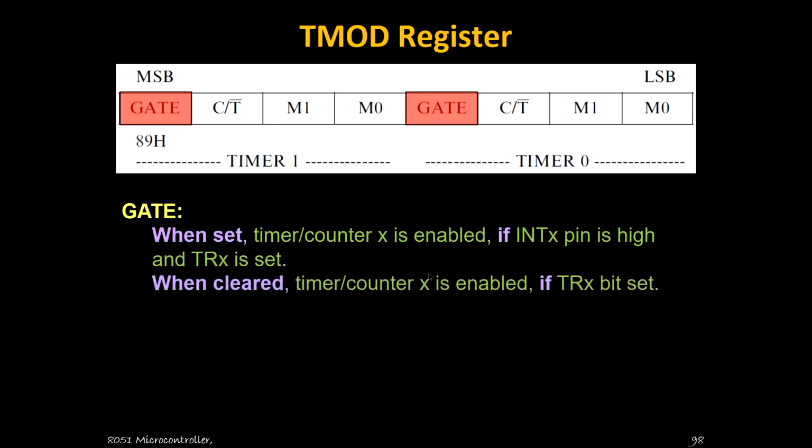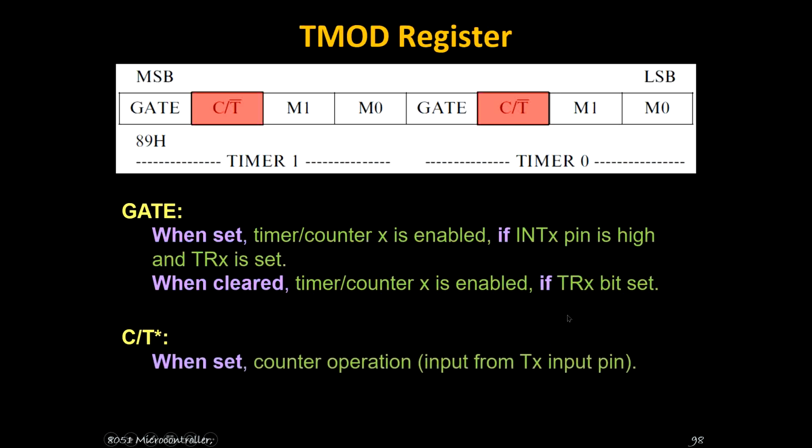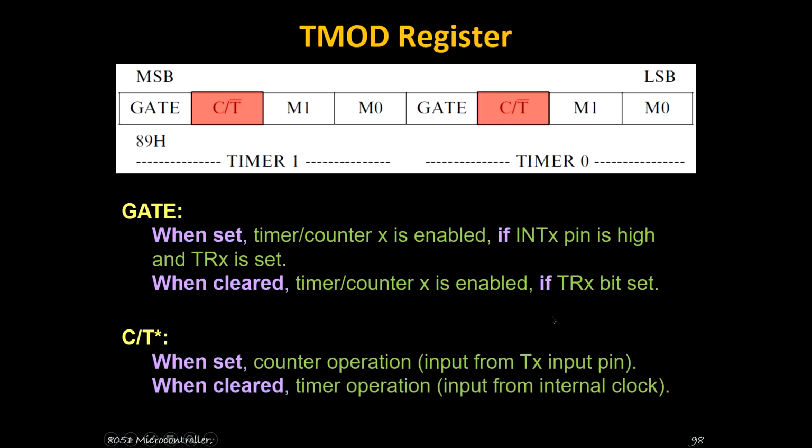When it is cleared, the counter is stopped, the timer register bit being set as high. Similarly comes the C/T counter or timer bit. When this is 1, the counter operation has started, and if it is clear, it means it should be started as the timer.